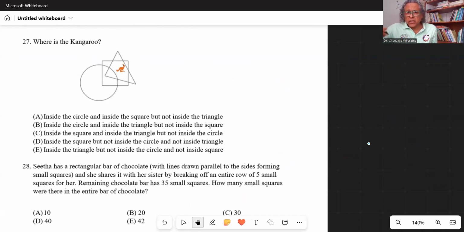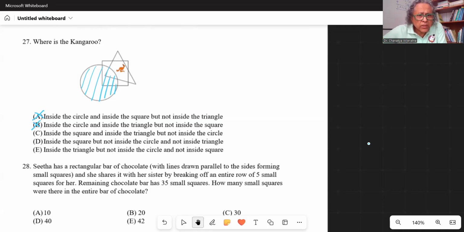We can see that the kangaroo is outside the circle, because if you shade inside the circle, the kangaroo is not there. So you need to remove all the options that say inside the circle. They can't be the answer.